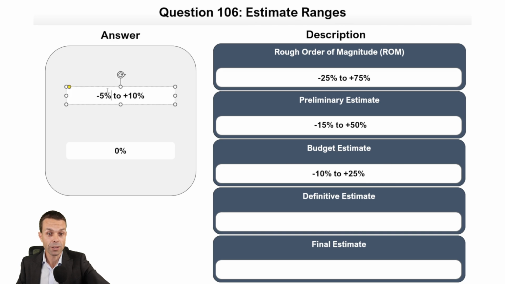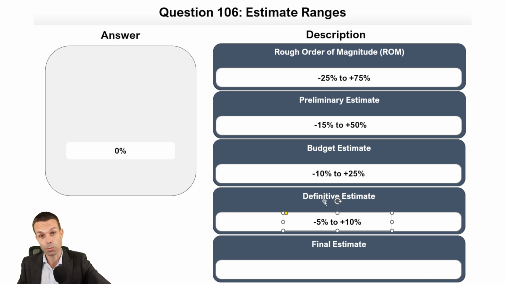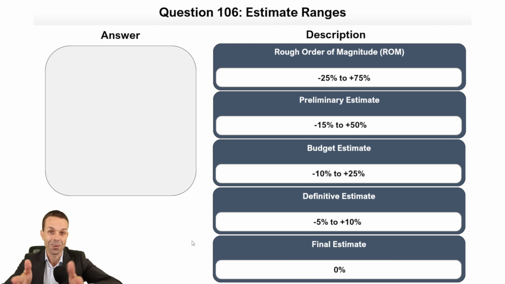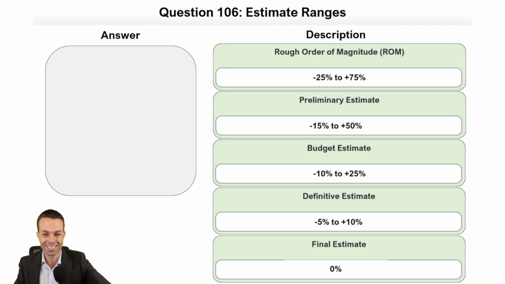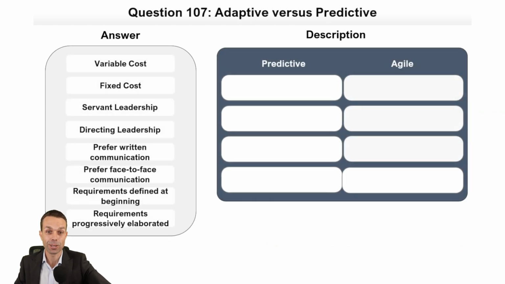Now, the definitive estimate, if we're getting really, really close and we've got more information, -5% to +10%. And the final estimate, when things are actually done and paid for, we have no more wiggle room at all. It is now 0%. It is the final amount. Let's check it out. And there it is. Excellent. That was quite good. I do enjoy those estimates, so that's really good to go through.